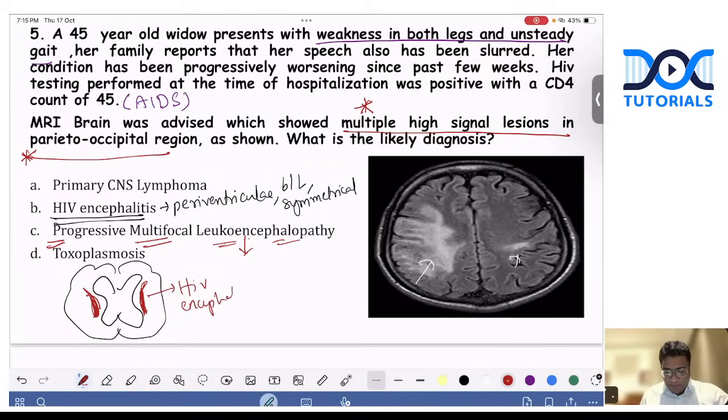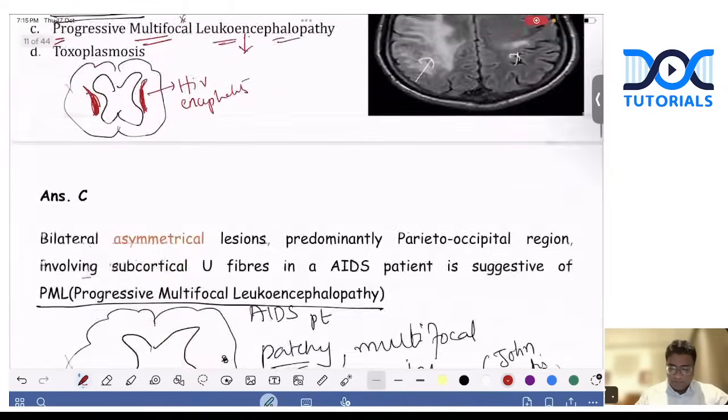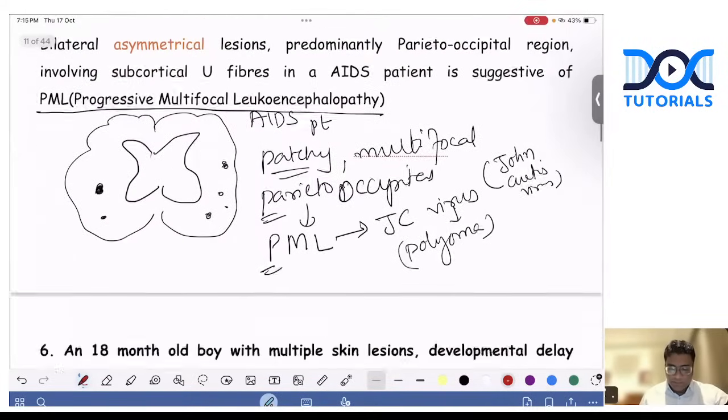Whereas PML is patchy, multifocal, in the parieto-occipital white matter. This is progressive multifocal leukoencephalopathy seen in AIDS patients, caused by the JC virus, a polyoma virus.